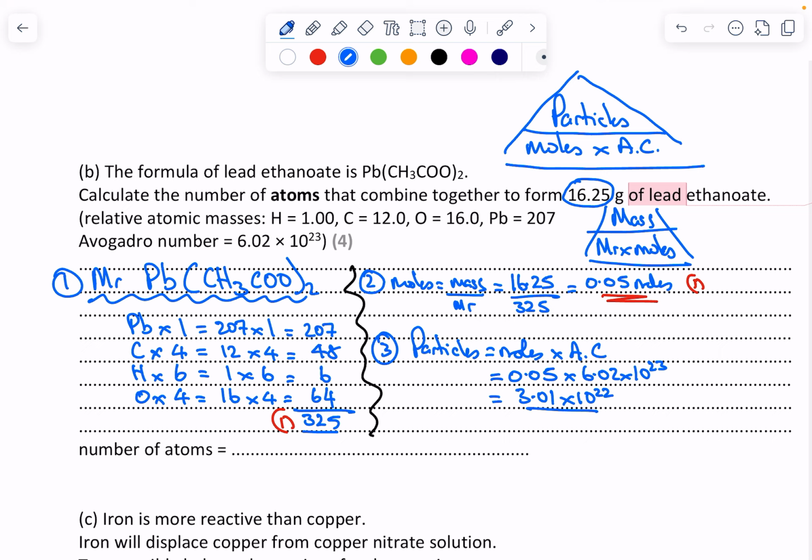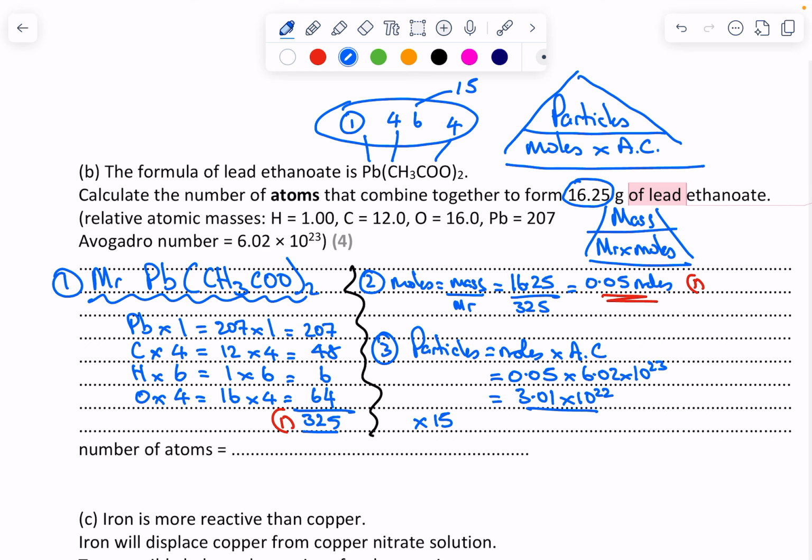But what I then need to do is times that by 15, because in the formula here, if we just have a quick look, I've got 1 lead, I've got carbons, there's 1, 2 times by 2 is 4, I've got 6 hydrogens, and I've got 4 of those. So my total number of atoms here is 15 atoms.